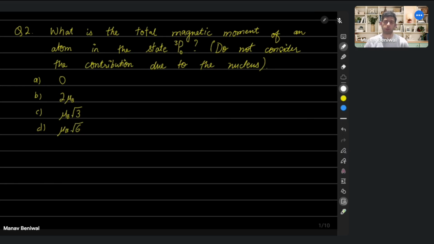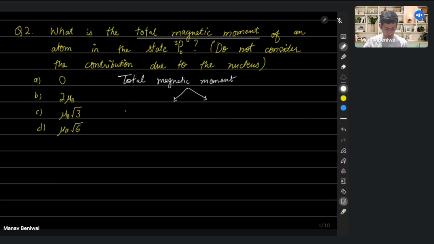Okay. Now for an electron, they ask us the total magnetic moment. So this will come from two parts, right?